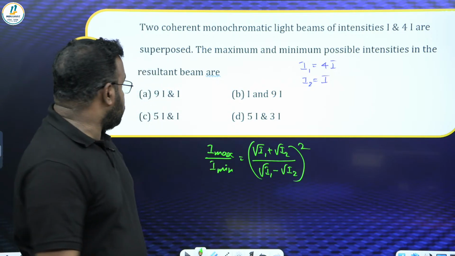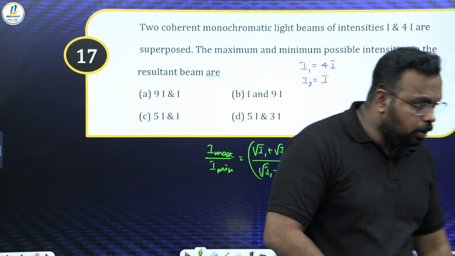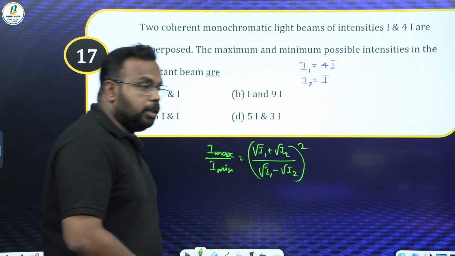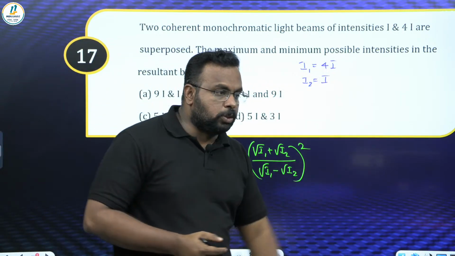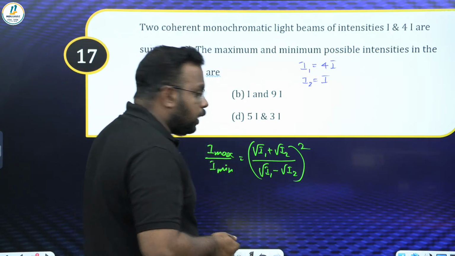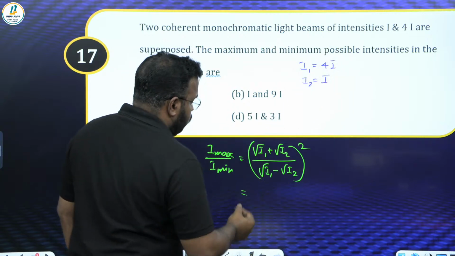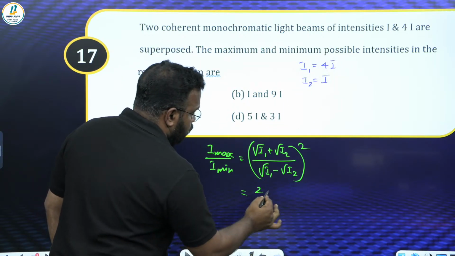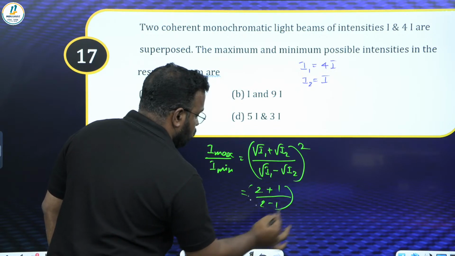So just substitute and tell me the answers. Yes, Karthik, correct. What is I1? 4I, so we get 2 root I, 2 plus the other one is 1. So other is 2 minus 1, the whole square. Simple, right?